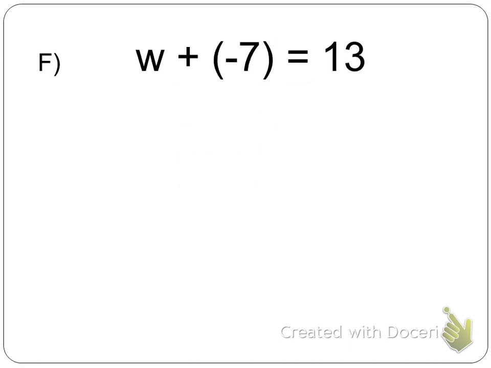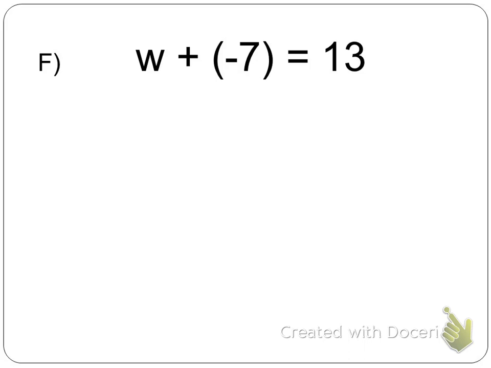So there's 2 ways to approach a problem like this. You can clean up the signs by rewriting it, or you can just handle the signs the way they are. If you want to handle it the way it is, you would have to undo adding negative 7. Well, we undo adding by subtracting, right? So you'd have to subtract negative 7.